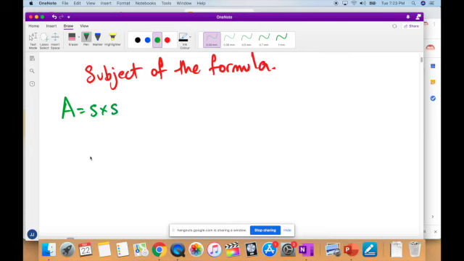And that's a formula? Yeah. Right. What's another formula? Area is equal to length times breadth. Okay. Give me some others. Area is what? Base times height over 2.